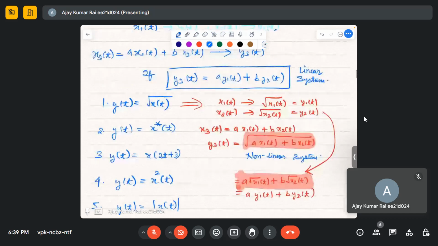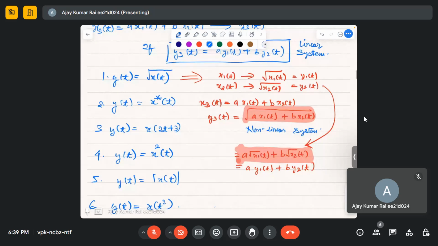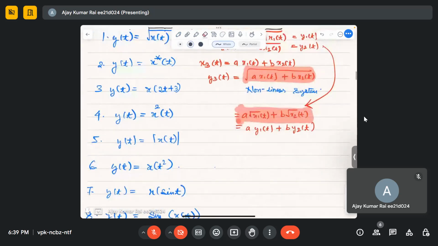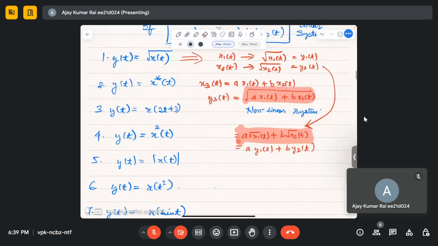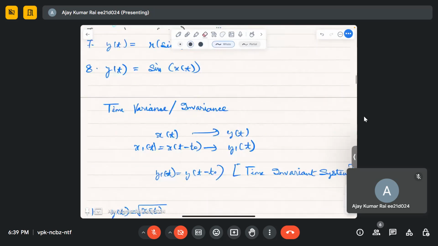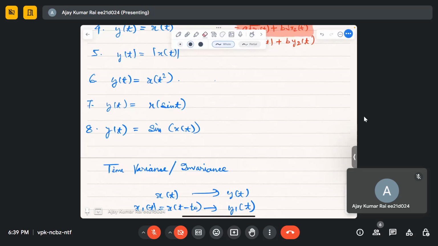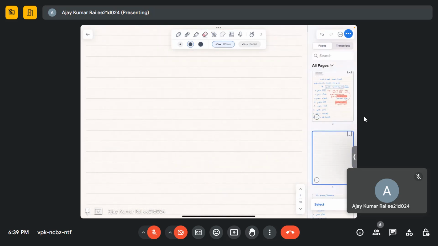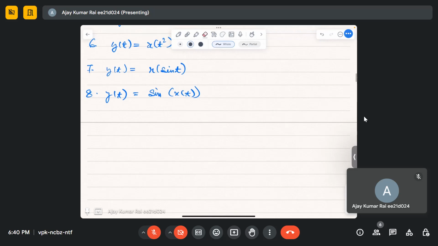I've done the first one, so we'll do the second one. Space is not there, so I'll do the second one right here. y(t) is equal to x conjugate of t.